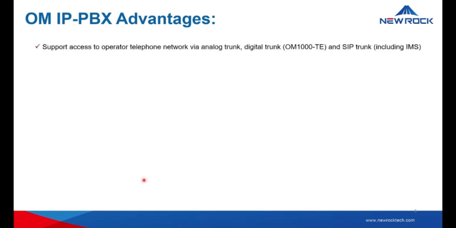We support access to the operator telephone network via analog trunk, digital trunk, and SIP trunk. So we provide seamless connectivity not only to the PSTN and analog terminals, but also to IP-based SIP trunks and SIP terminals.